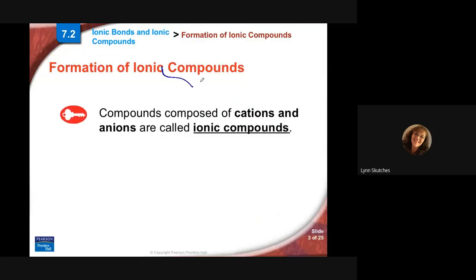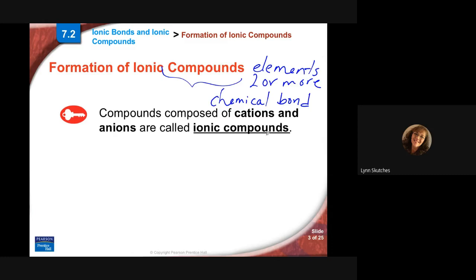Well, a compound is at least two, and it can be more, different elements stuck together, chemically bound. So they have chemical bonds holding them together. It's not just a mixture. It's atoms of two or more elements that are stuck together to make something new with very different properties, right?